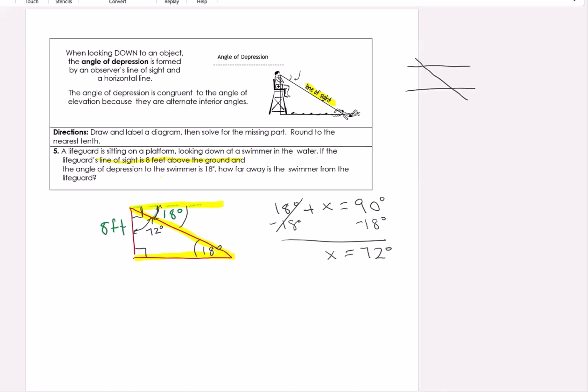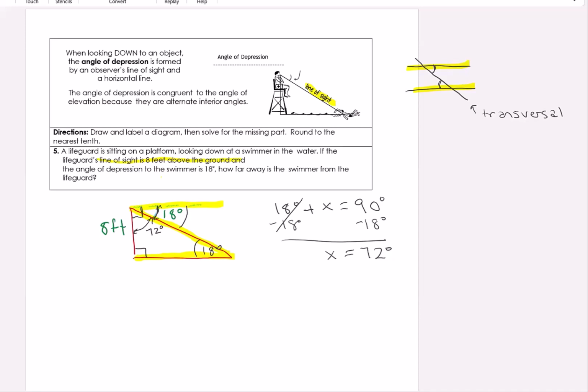If these are parallel, which they are, then alternating angles would be on different sides of the transversal. This is the transversal. That means that this angle equals this angle, which is really what we're doing here.